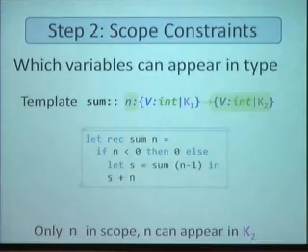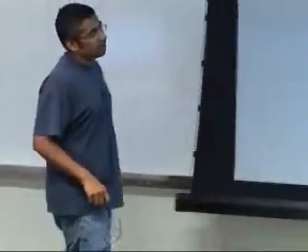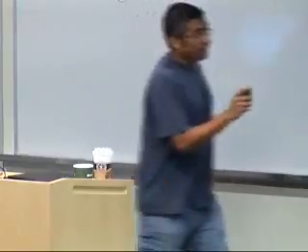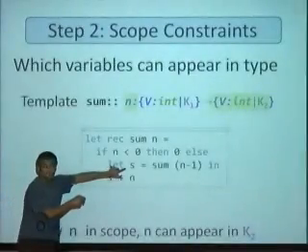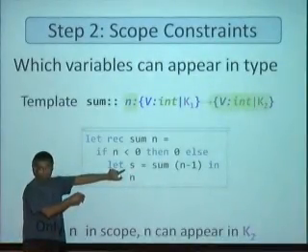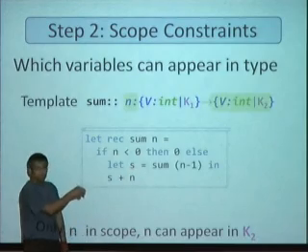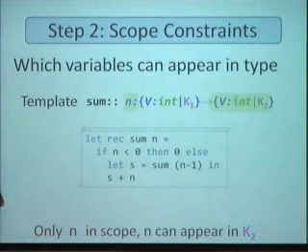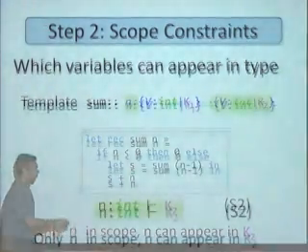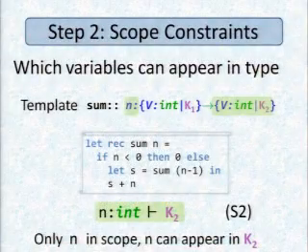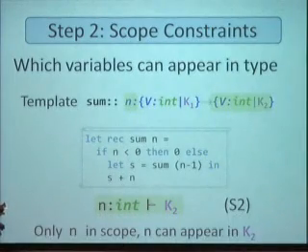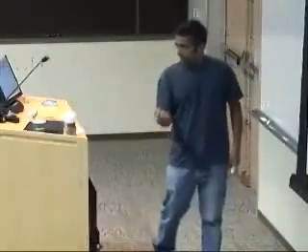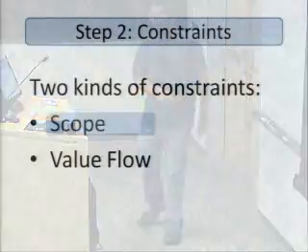Mind you, s is not in scope when describing the output of this function because s is a local variable of this function that should not be exposed externally. So the scope constraint on K2 is that K2 must be typed in an environment where n is known to have the type int. So these are two very simple scoping constraints.